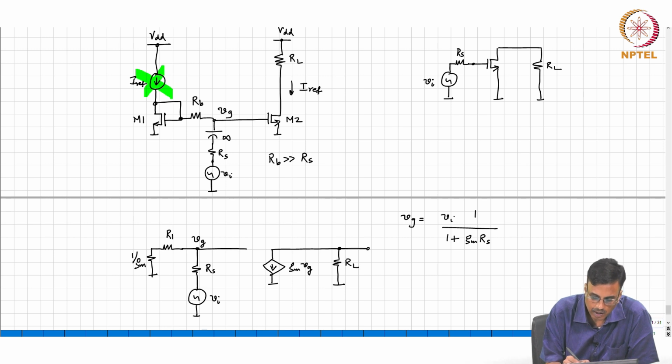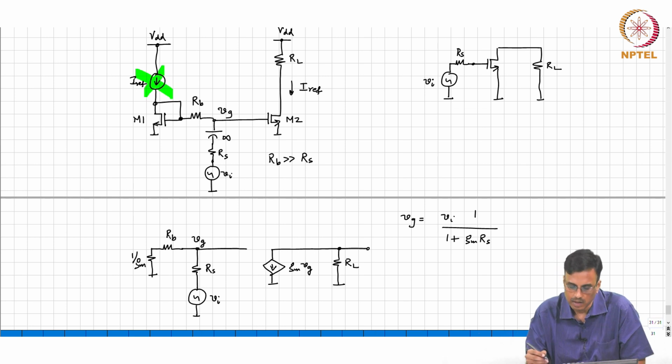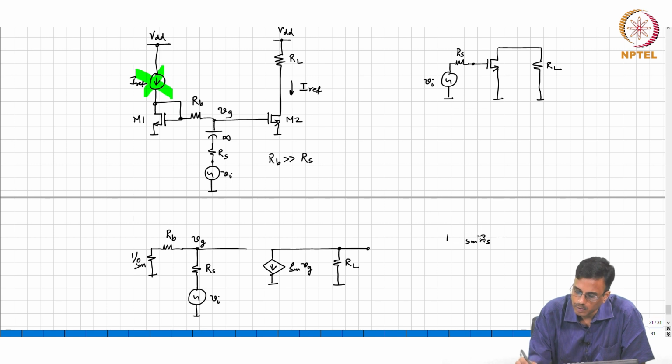So this becomes RB, and therefore since RB is much larger than RS, Vg will be approximately equal to Vi, and the output voltage will be approximately or very close to incrementally minus Gm RL times Vi.